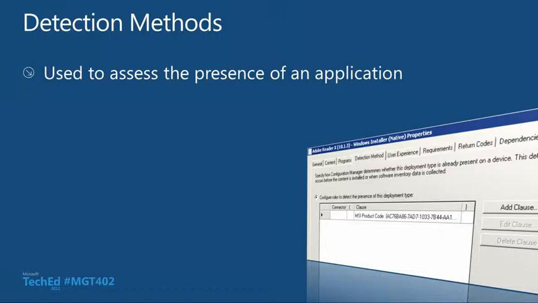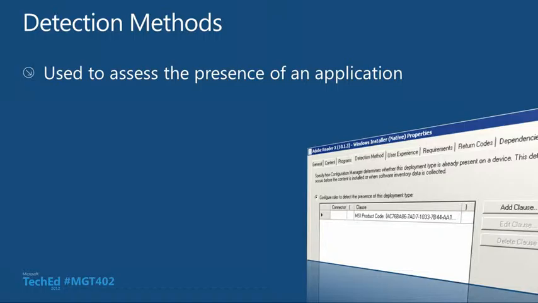But it's also what Config Manager uses in order to make sure that an application has been properly installed. So it's not like CM7 where when you push an application out, Config Manager assumes, yep, everything's good because I pushed it out. It didn't actually fail, but I don't know what a fail will look like anyway.